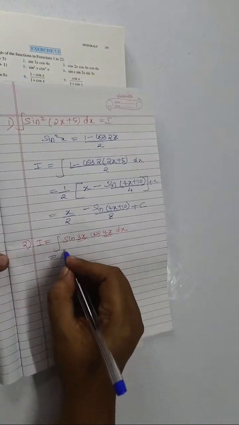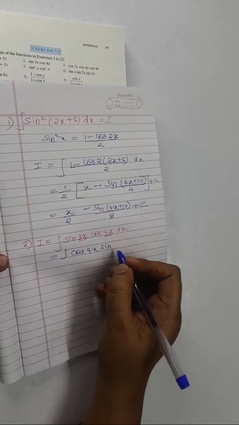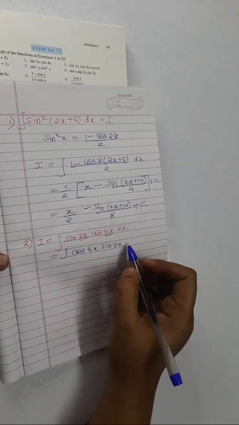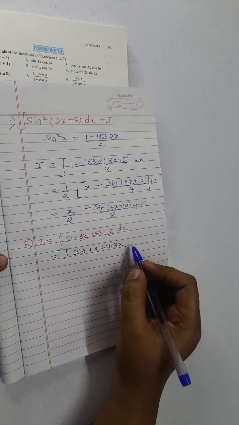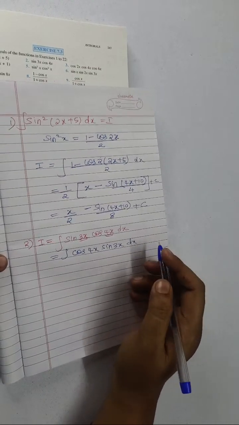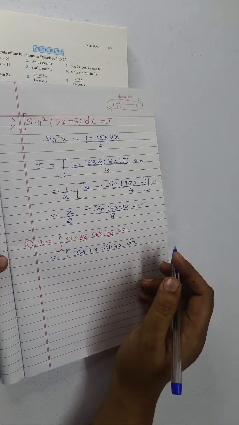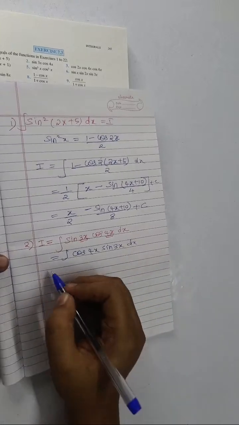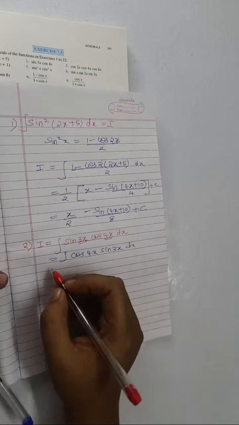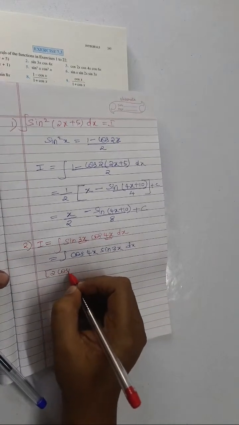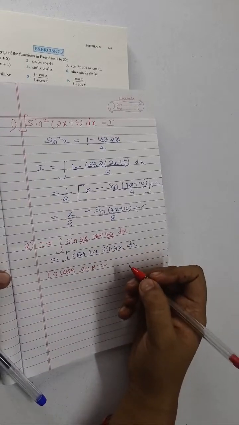So this can be rearranged as cos 4x sine 3x, because we have to use 2 sin A sin B, 2 cos A cos B, 2 cos A sin B, 2 sin A cos B. I guess you have learnt those formulas by heart in class 11. We have to use the formula 2 cos A sin B.